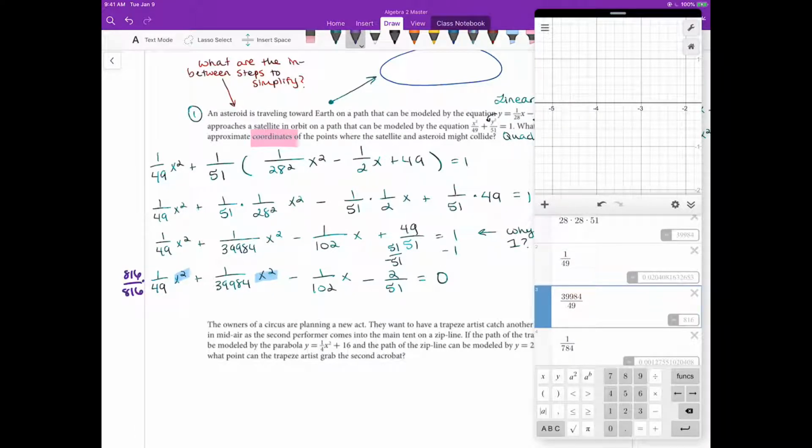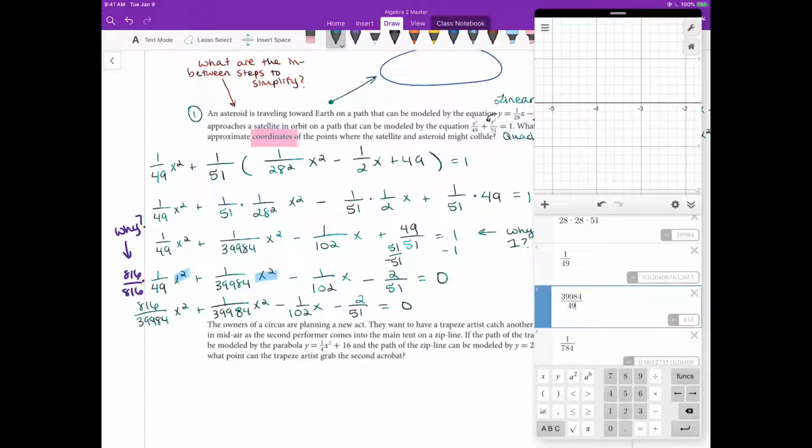And why does that work? Answer that in your journals. And we would get 816 over 399.84x squared plus 1 over 399.84x squared minus 102x minus 2 over 51 equals 0.